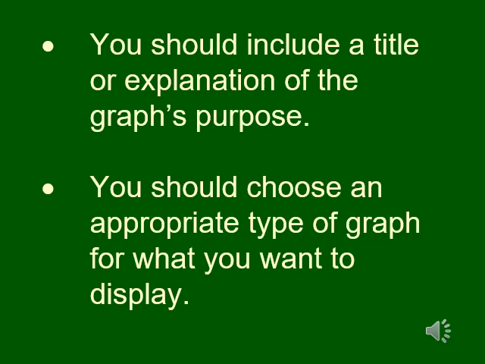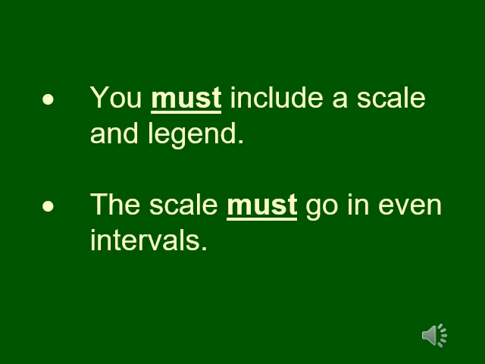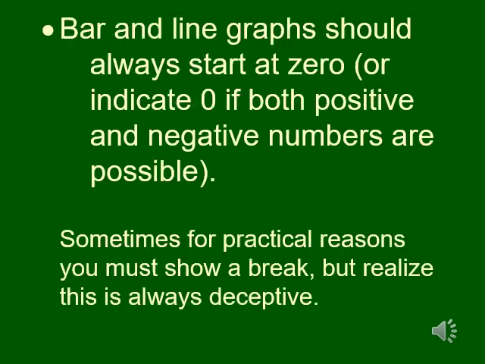Now, one of the things you'll do when you do your project is you will be asked to make a graph. And you do want to make sure that you do things right when you do that. You should always include a scale or a legend so you say how big the numbers are rather than making people guess. And it should always go up by even intervals.